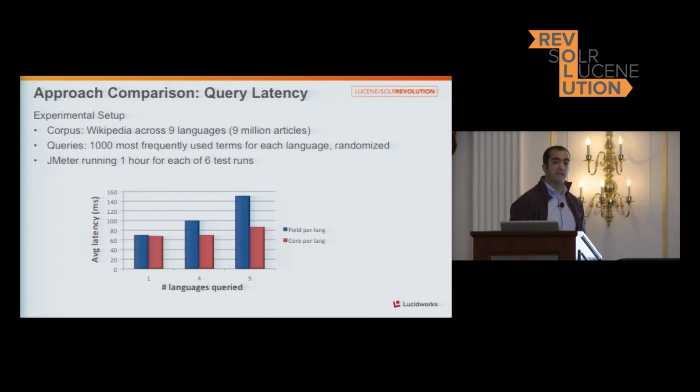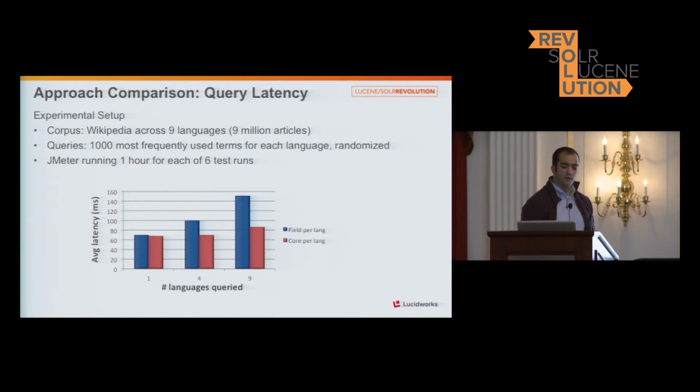Don't take this as the only answer of which is faster. You should definitely test on your own data and on your own hardware and with your own queries, because there are probably 100 different variables that could give you different results here.